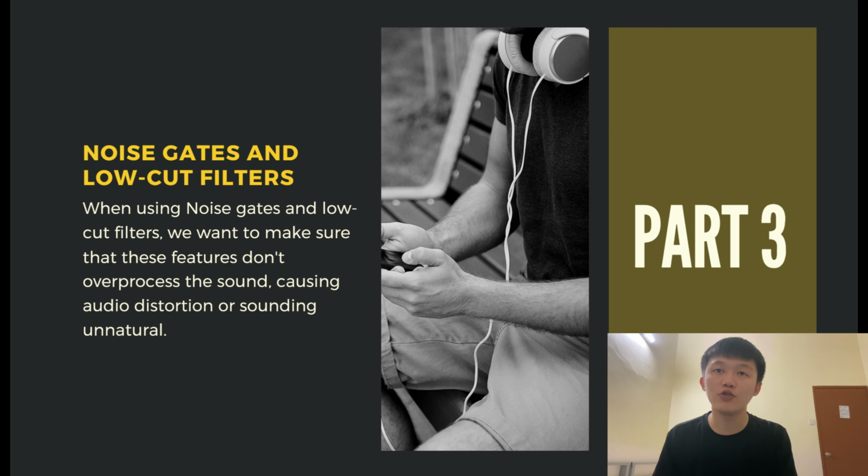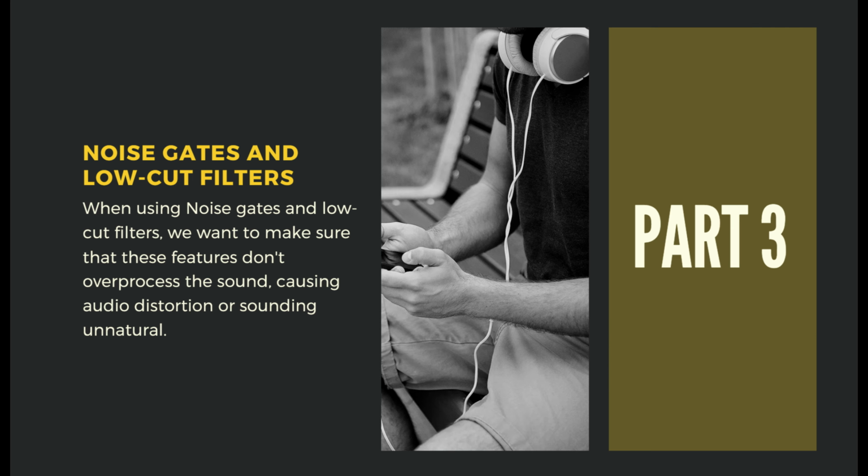On a device like the Zoom H6, a low-cut filter can remove low-frequency noise, such as wind or traffic noise, but setting it too high can affect the natural sound of the bass part of the recording. So finding the right filter values is very important.